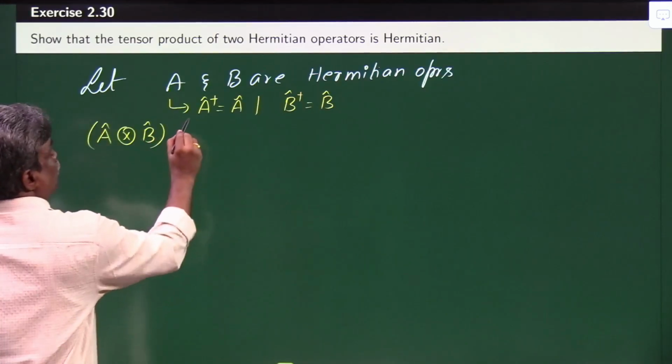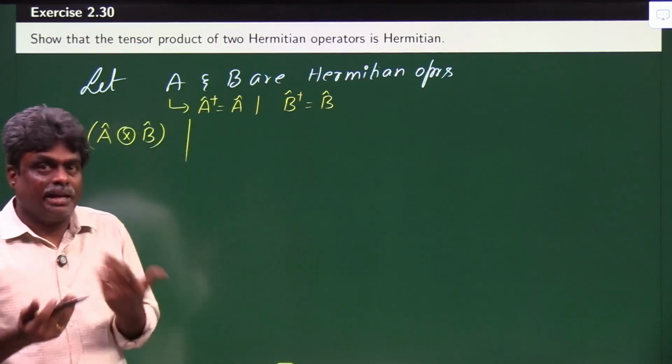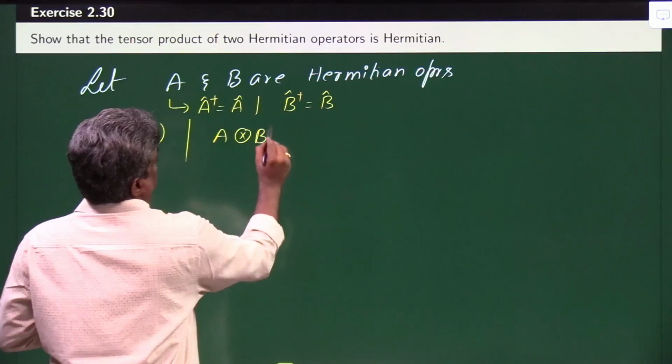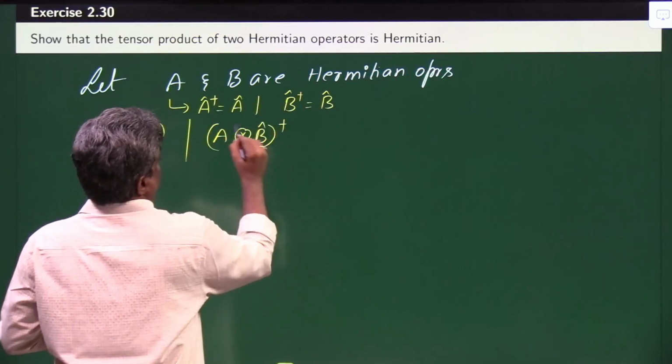Cool. Now I have to check its hermiticity. So I'm taking its Hermitian conjugate, A tensor B whole dagger.